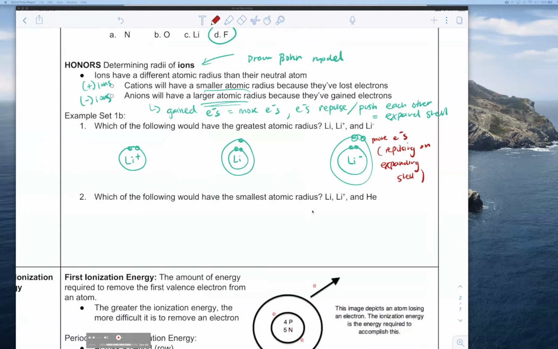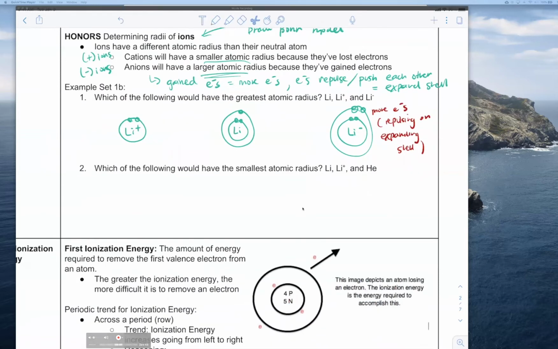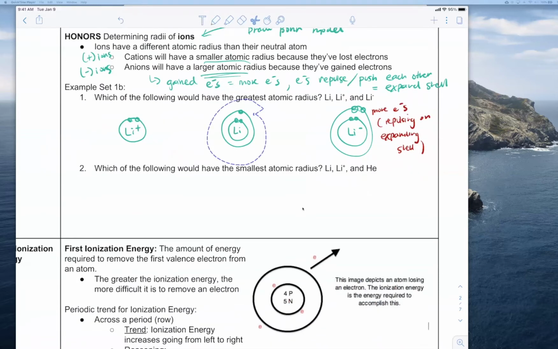And then out of these, which one would have the smallest radius? So again, let's just draw it out, right? So two of them I already drew.